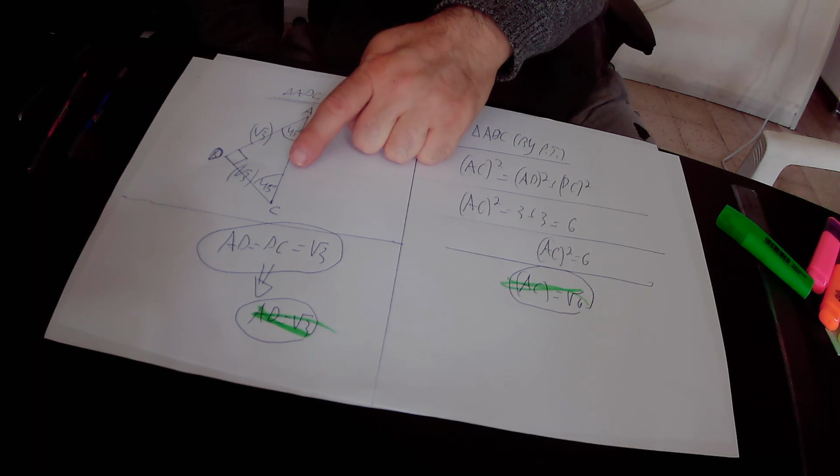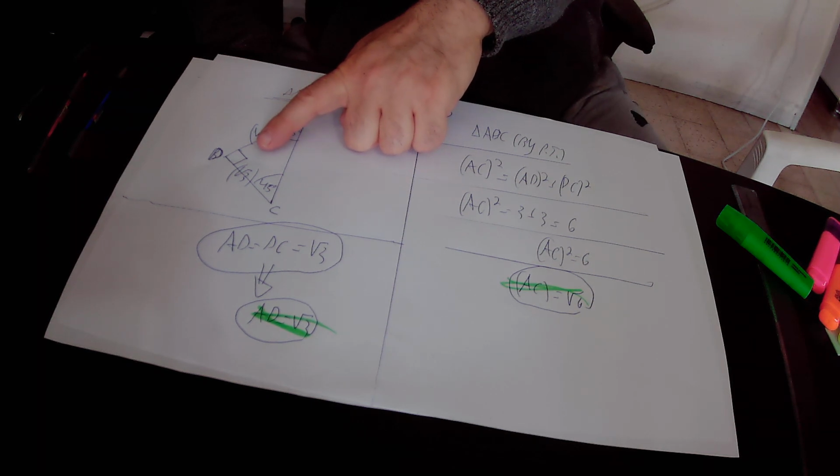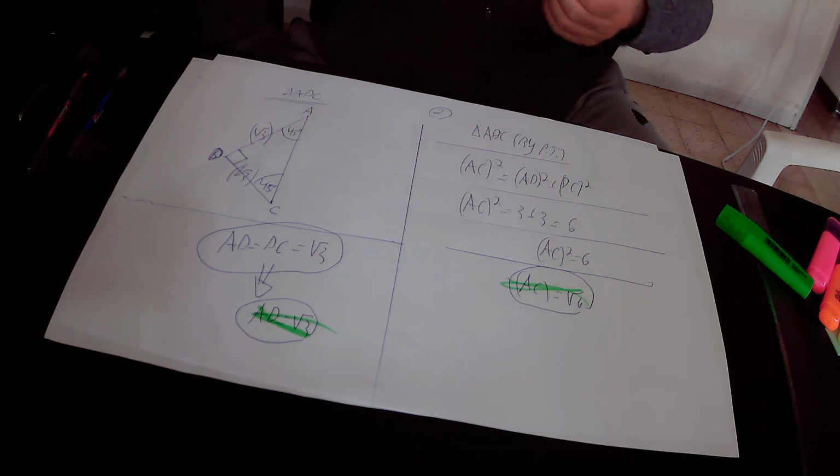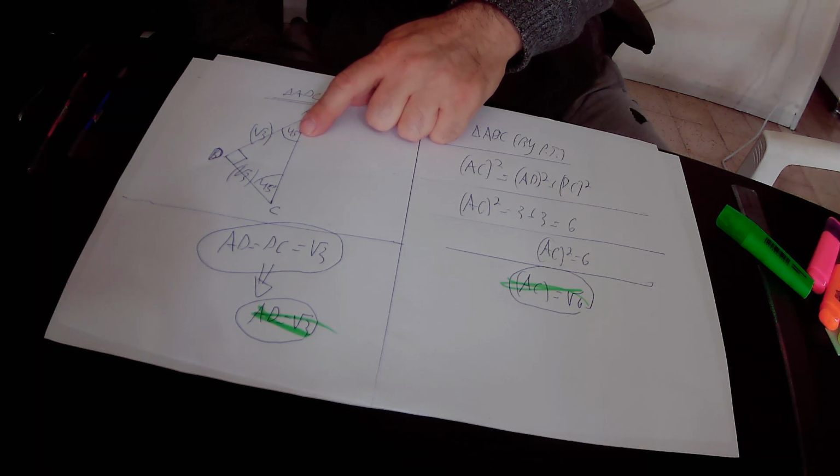In this right triangle ADC, the sum of the angles must be equal to 180 degrees. So which angles do we have inside the right triangle ACD? We have this angle that is 45 degrees, plus this angle equal to 90 degrees. 90 degrees plus 45 degrees is 135 degrees. So 135 degrees plus the missing angle, in total, must be equal to 180 degrees. Therefore the missing angle here must be equal to 45 degrees in its size.